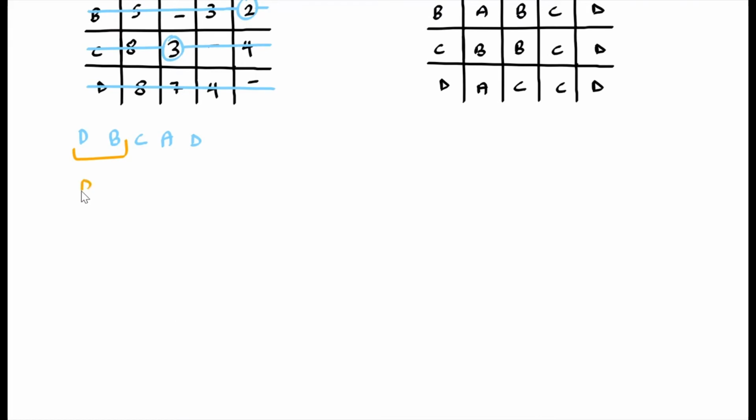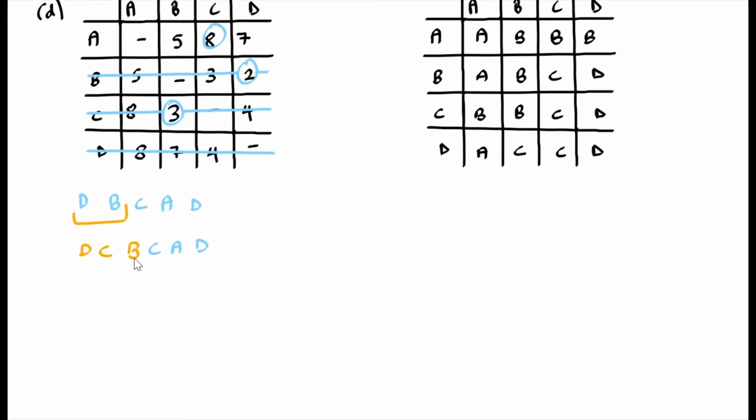So we have D, C, B. And then we still have remaining C, A, D. Now, if you think about it, let's think about it from scratch. We start at D, we go to C, then we go to B, and then from B we go to C to go to A.